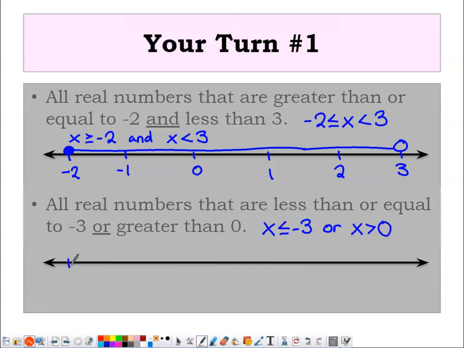So again, we're going to graph. So we have x is less than or equal to -3, so a closed circle. And we're going to the left. And then we have x is greater than 0, so an open circle, and we're heading to the right.